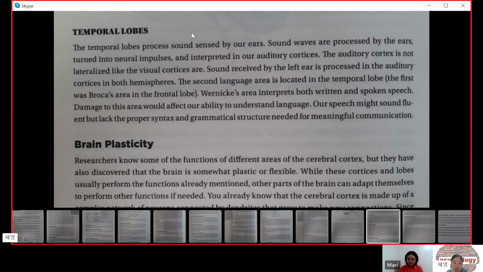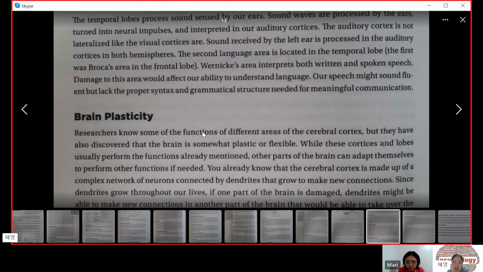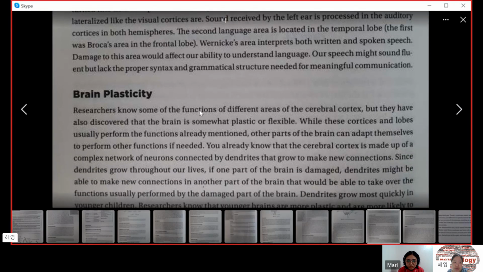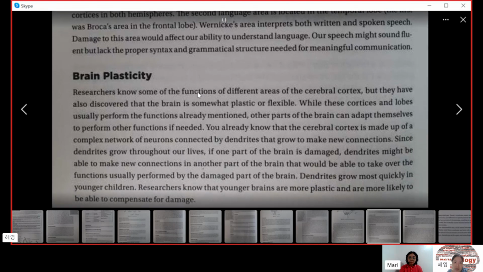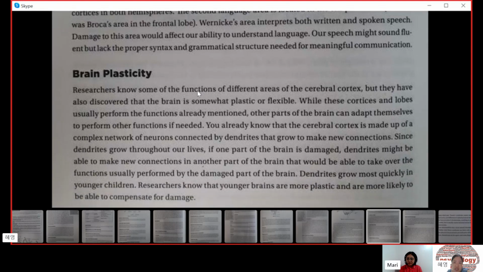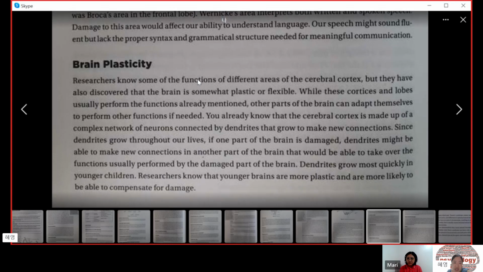Damage to this area would affect our ability to understand language. Our speech might sound fluent but lack the proper syntax and grammatical structure needed for meaningful communication.